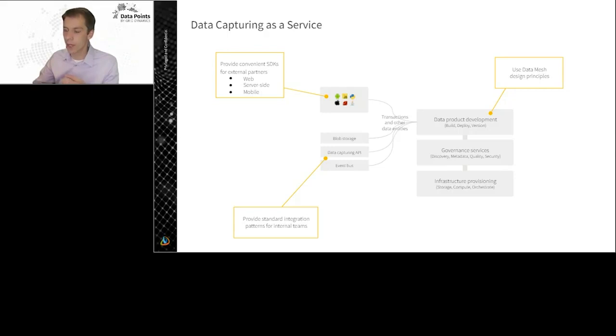Then we generally need to build some data governance services to manage metadata, to control data quality and security, and provide data discovery capabilities so that at least internal teams can discover different data sets.